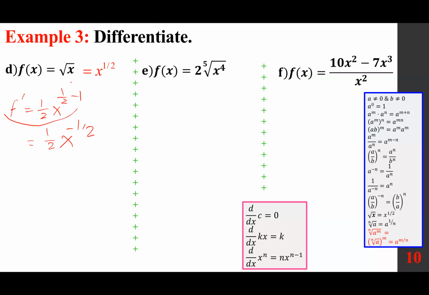And as you can see, this was the only calculus step. And so you take it down, make it x to the power of +1/2, which is the square root of x at the bottom.